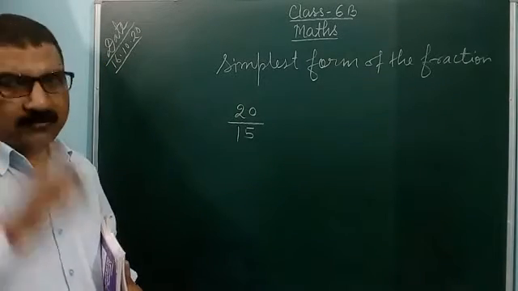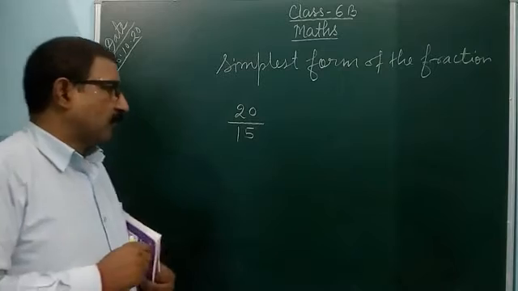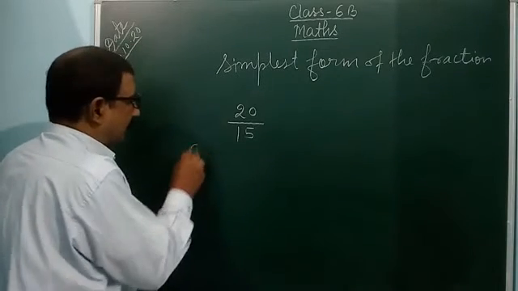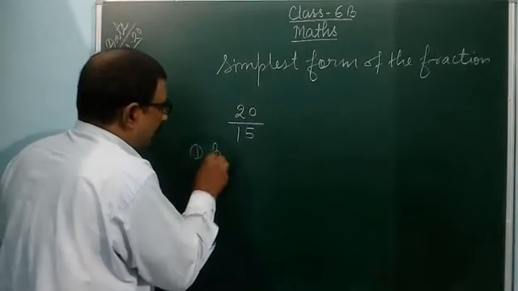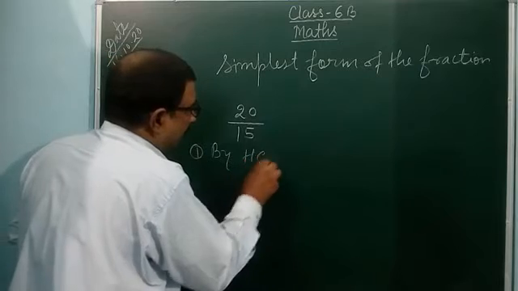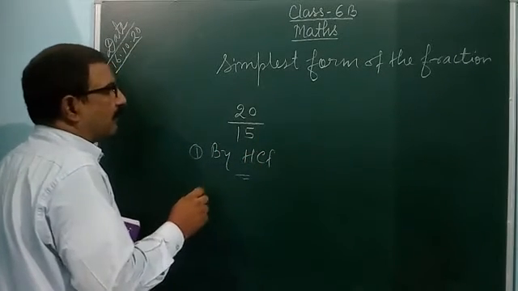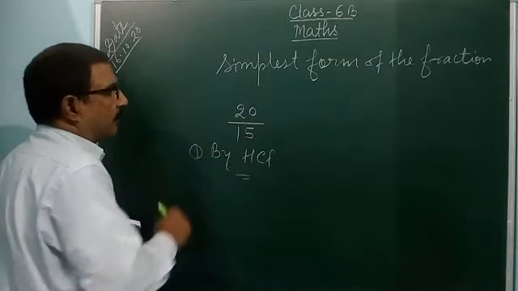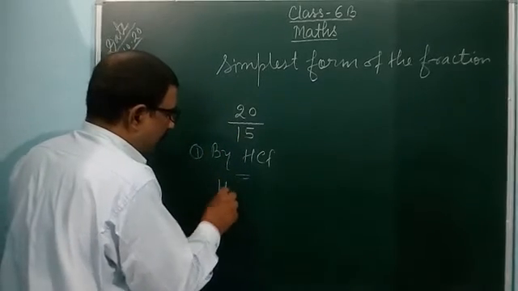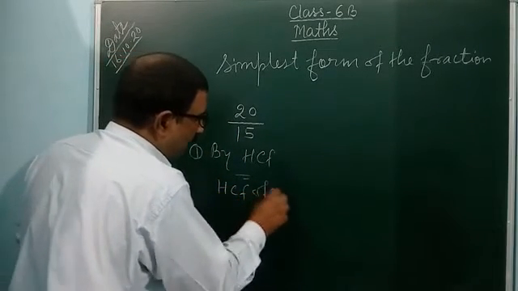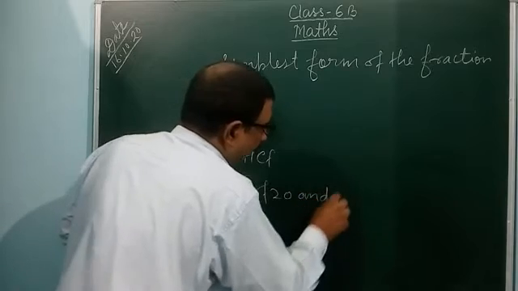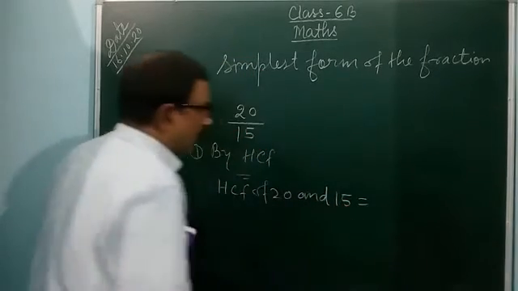There are two rules. By the first rule, by HCF. It means you can find the HCF of 20 and 15.